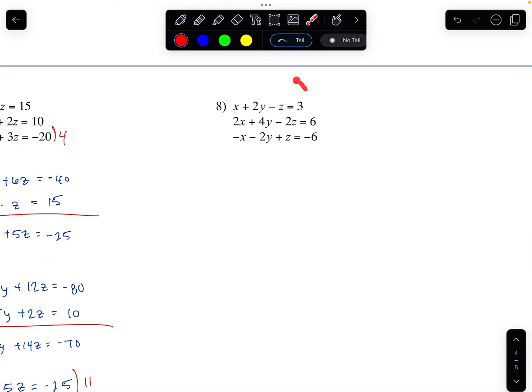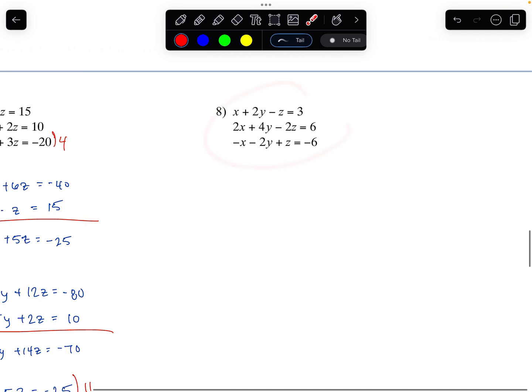Alright, let's try 8. Hopefully it's not as hard as that one was. I'm going to stick with x's here. Honestly, all of these look kind of nice. Those look pretty good with the y's because I can add these together. They'll cancel. Then multiply this by 2 to get rid of that.